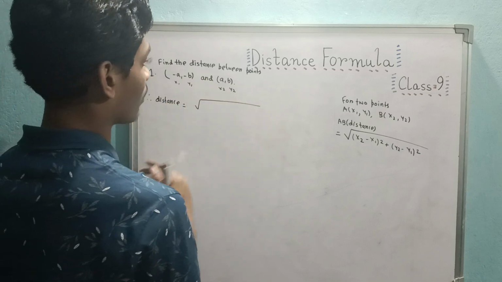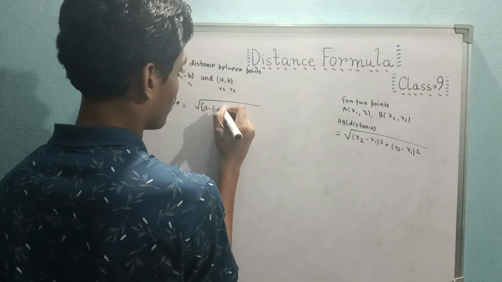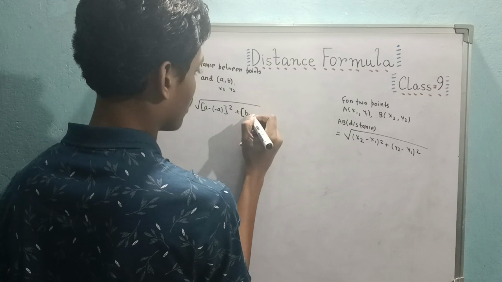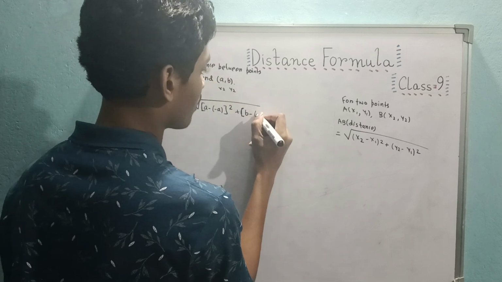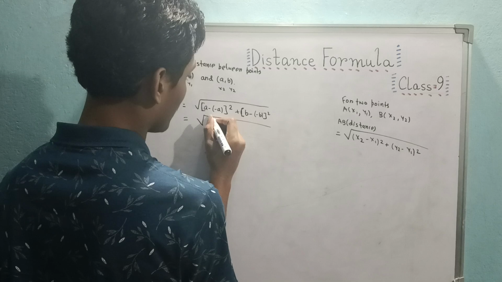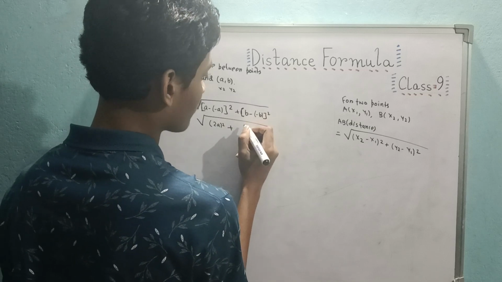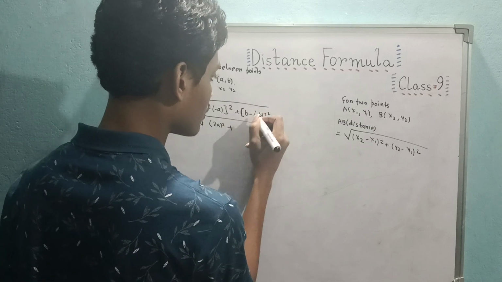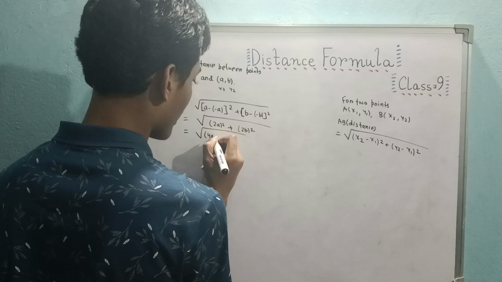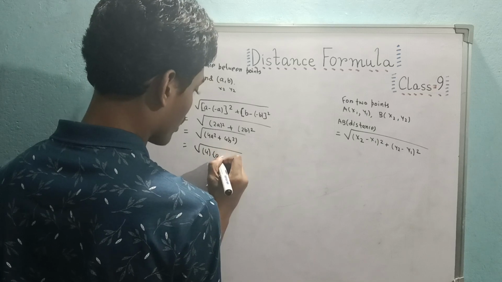Root of x2 minus x1. x2 is a minus x1 is minus a, minus minus a, square plus y2 minus y1. y2 is b minus y1 is minus b, square, and that equals root of a plus a, so 2a square, plus b plus b, 2b square, root of 4a square plus 4b square equal to root of 4 multiplied by a square plus b square.